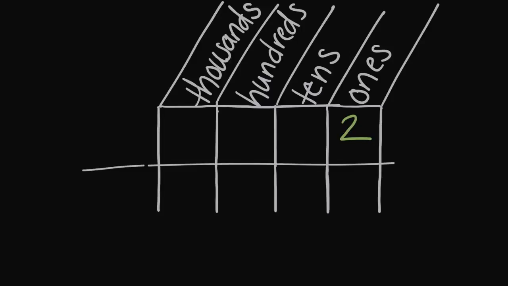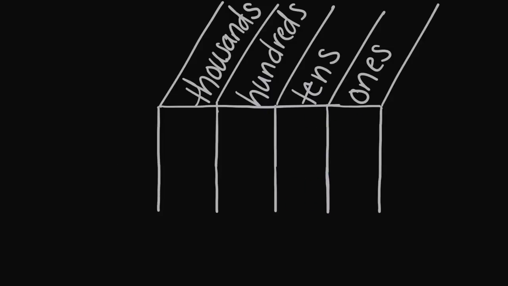But when we multiply that 2 times 10, the 2 moved up a place value. And then we had to fill in this empty place value with a 0. So 2 times 10 was 20. What happened in terms of place value was the 2 moved up one place value. It went from ones to tens. It moved to the left one place value.